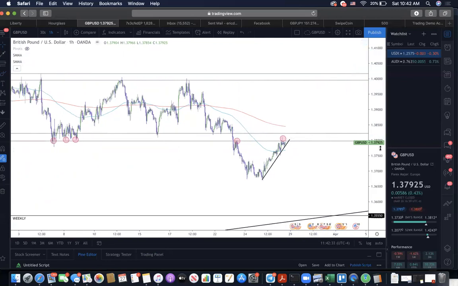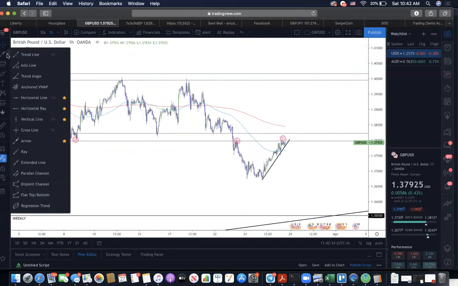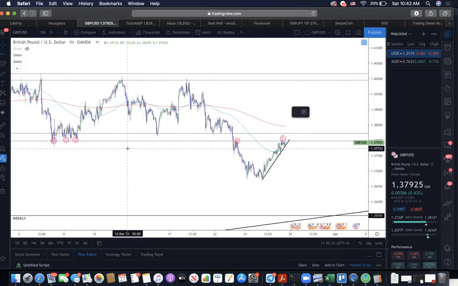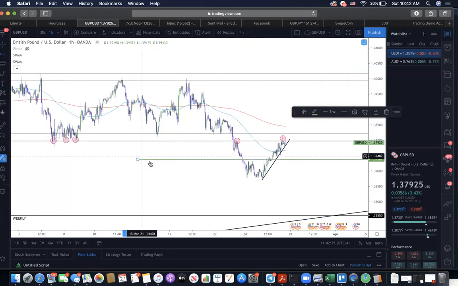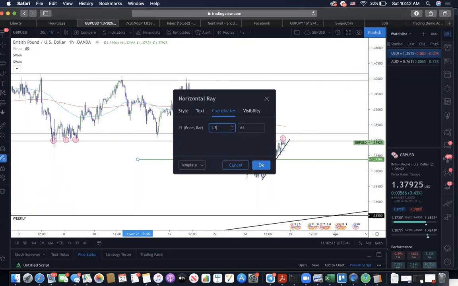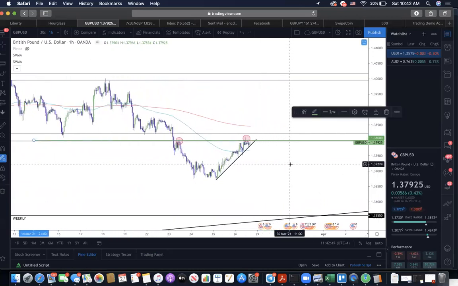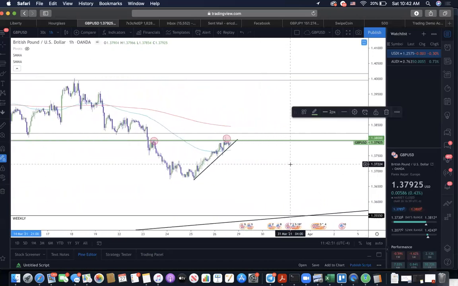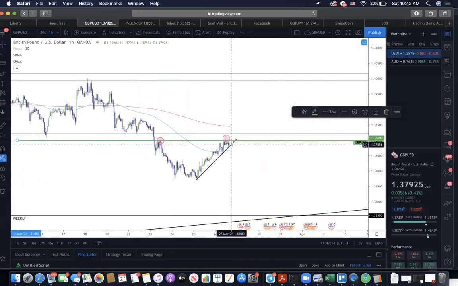So currently 1379 is where price is at. Let me throw this on here real quick. And put 138. That's the closest whole number. So I'm gonna keep my eye out on 138.